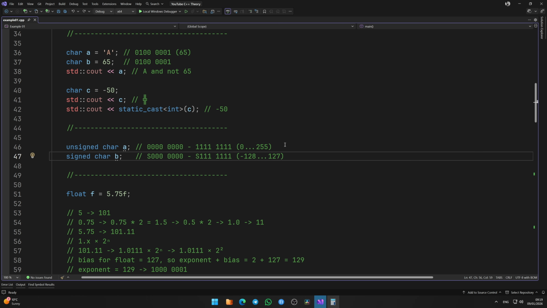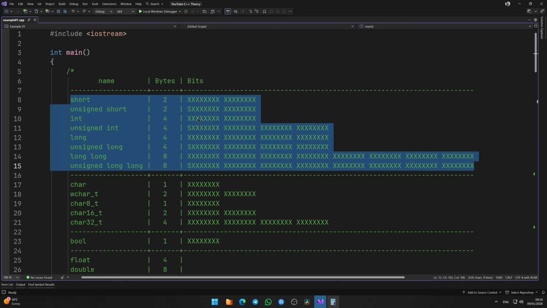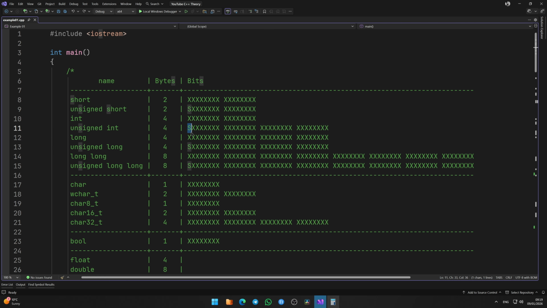Why am I explaining all this? Because the same logic applies to other types like short, int, long, and long long, which can also store negative values. Now you know that for all of them, the leftmost bit is reserved for the sign, and the remaining bits store the actual value. So, whenever you dedicate 1 bit to the sign, the maximum positive value the type can store is cut in half. Everything I just explained about unsigned char and signed char applies to all integer types.